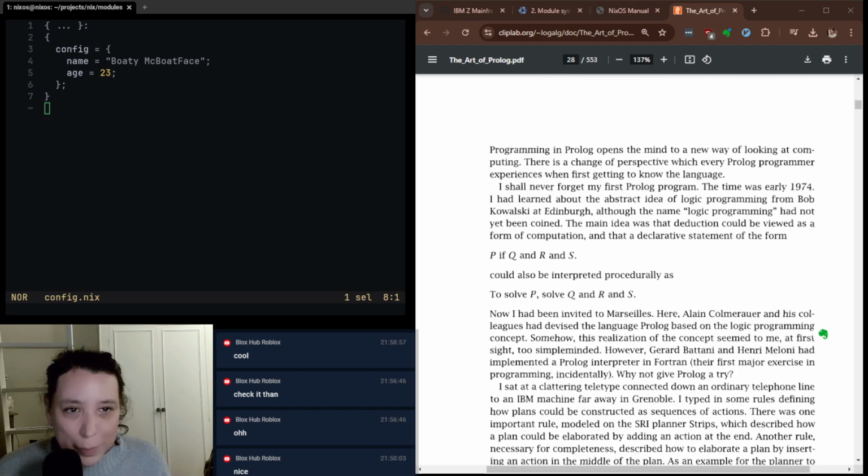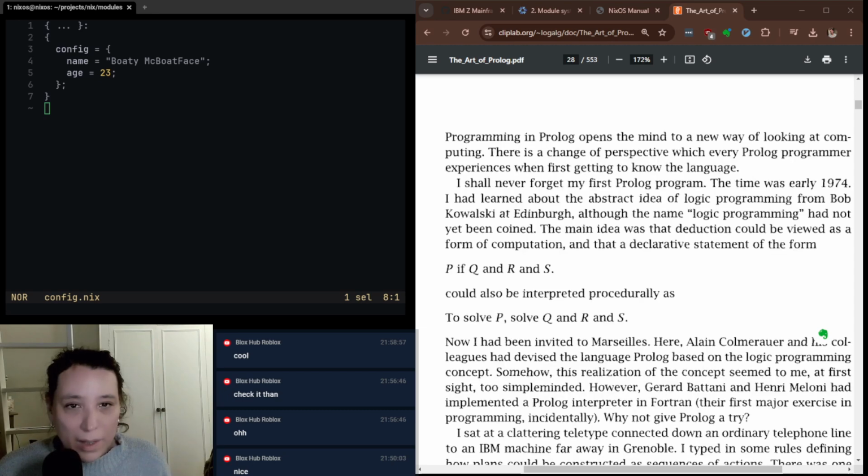Programming in Prolog opens the mind to a new way of looking at computing. There's a change of perspective which every Prolog programmer experiences when first getting to know the language. I shall never forget my first Prolog program. The time was early 1974.